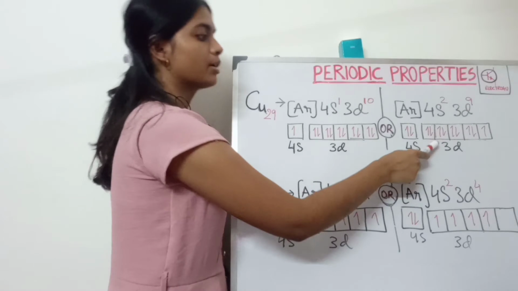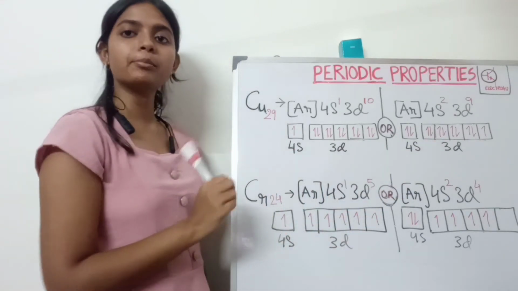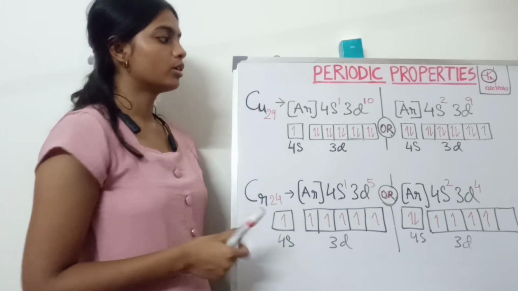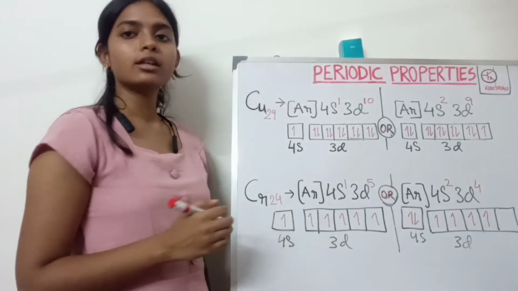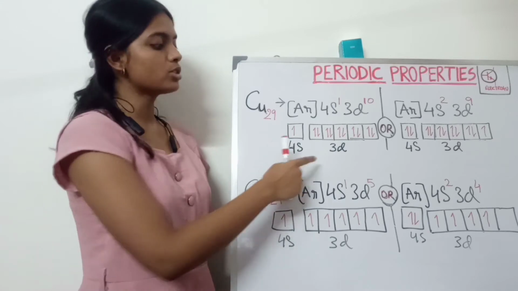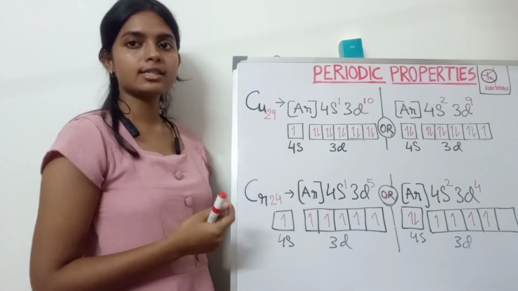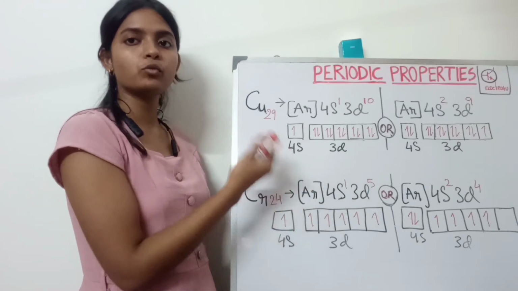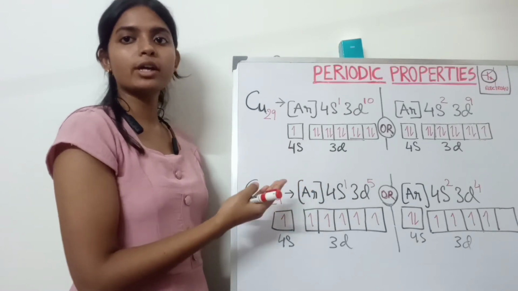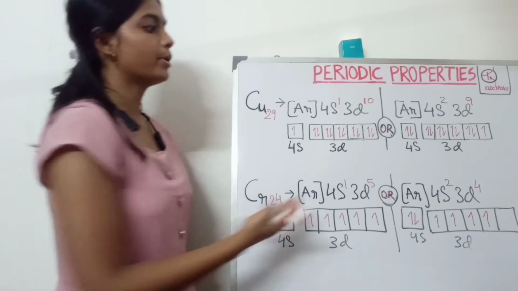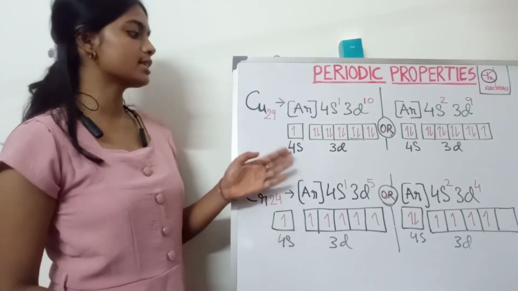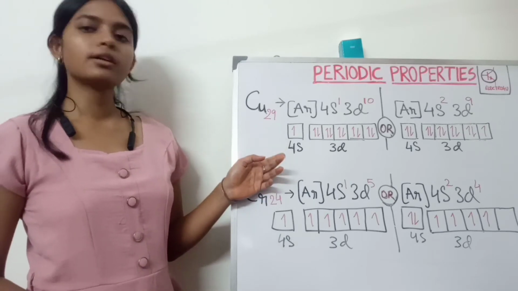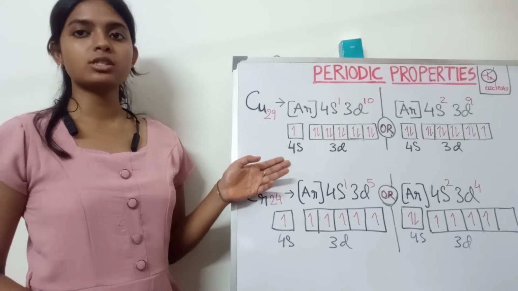Here 3d is completely filled, and 3d is the outermost orbital. So when we compare these two, the first one will be more stable, because the outermost orbital is completely filled. So this is the correct configuration for copper, because it achieves the most stable configuration.